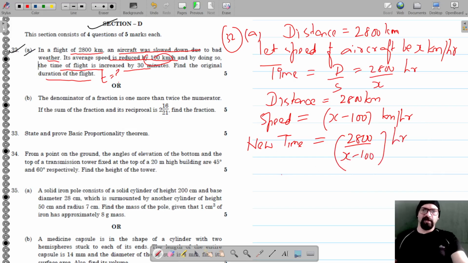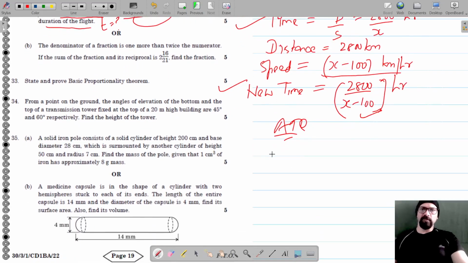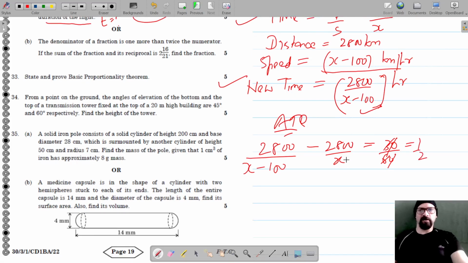This is hours. And according to the question, there is a difference of 30 minutes in these two times. So which one is greater? This one is greater because the speed here is reduced, and if the speed is reduced, it takes more duration. So the difference between these two times, that is in the second case 2800 upon x minus 100 minus 2800 upon x is equal to 30 minutes, and let's convert this into hours, which is equal to half hour.